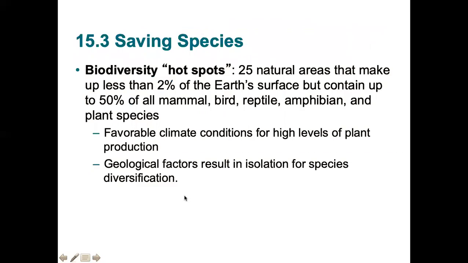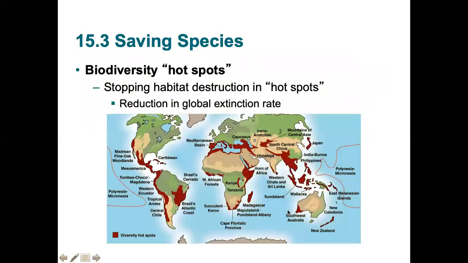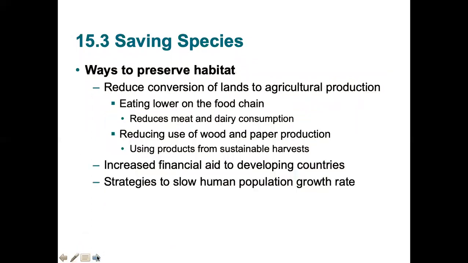Okay, saving species. So, there are biodiversity hotspots, and we want to be paying attention to those. These are the ones where we really need to focus our efforts to stop destroying the habitat, especially since that seems to be the biggest one. And what are the ways that we can do that? Well, stop converting land to agricultural production. And by that it means eat lower on the food chain.